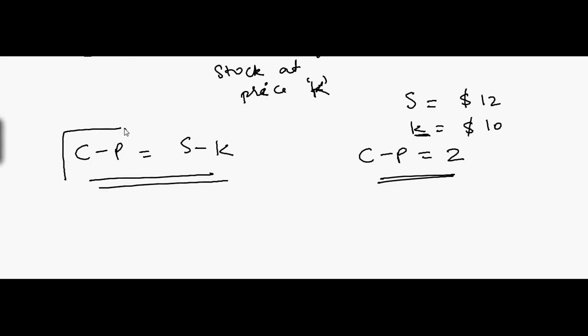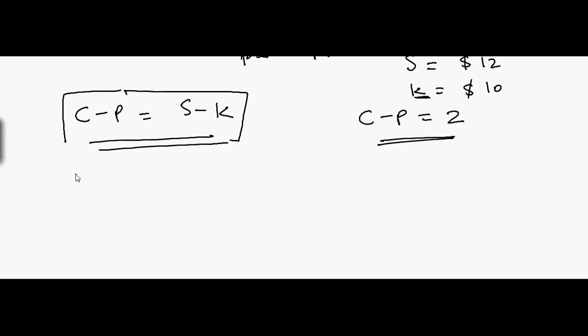So how do we add complexity? Now suppose the stock gives you a dividend, right? But here you are not buying the stock, you are buying the call and selling the put, and it looks like you bought a stock. But you lose the dividend. So in this case you will say S minus the dividend, whatever dividend was paid by the stock during the time you held this combination.